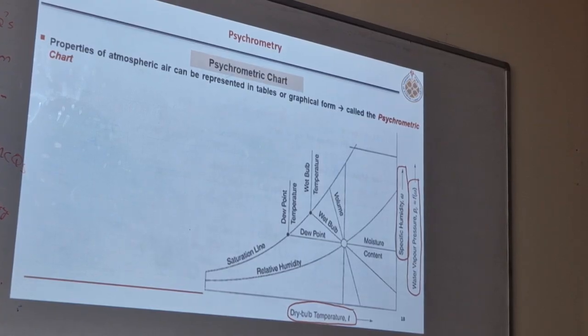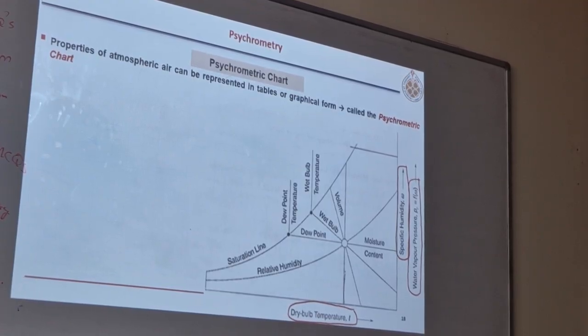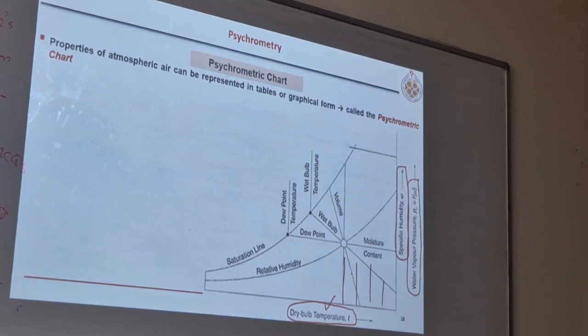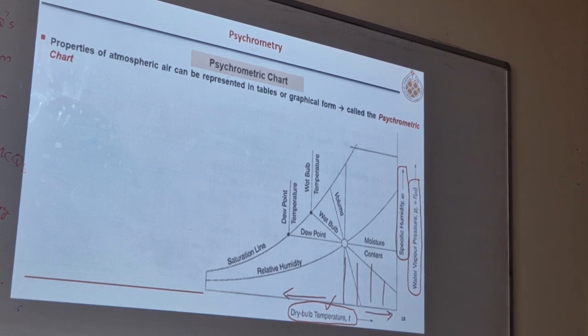Okay, so dry bulb temperature is on the x-axis, so it means the dry bulb temperature lines are vertical. All these lines are representing a particular dry bulb temperature, and dry bulb temperature is increasing in this direction and decreasing in this direction.